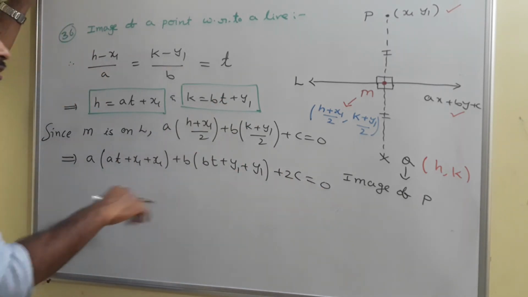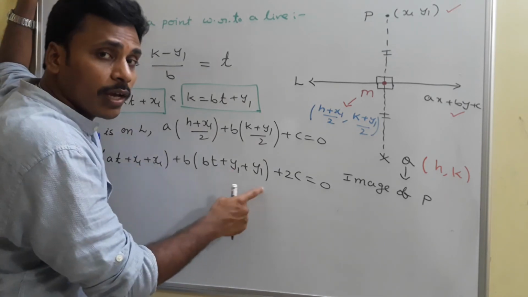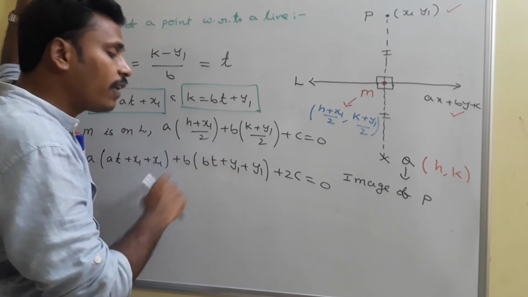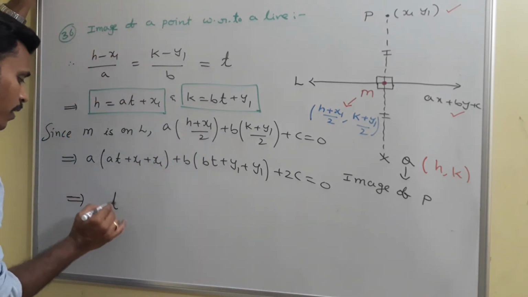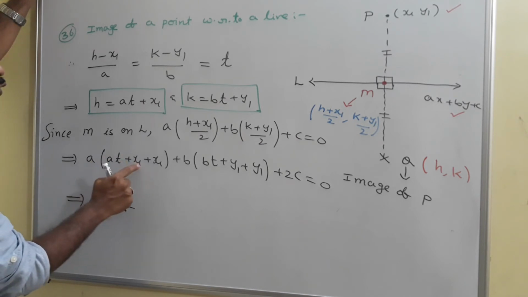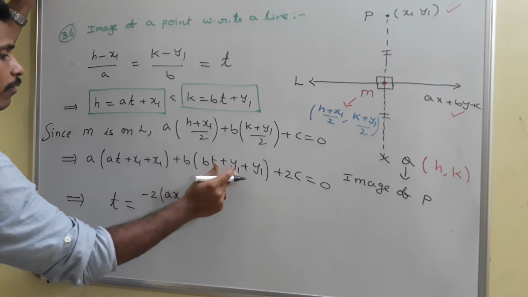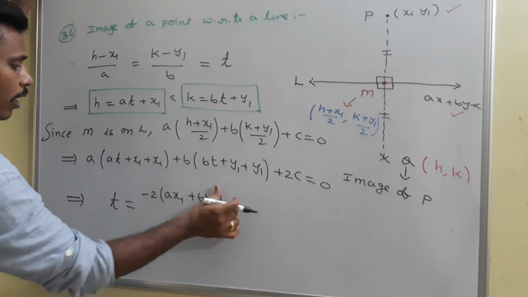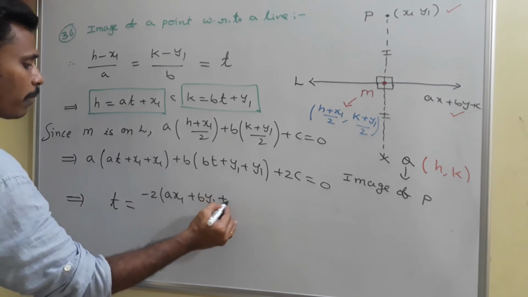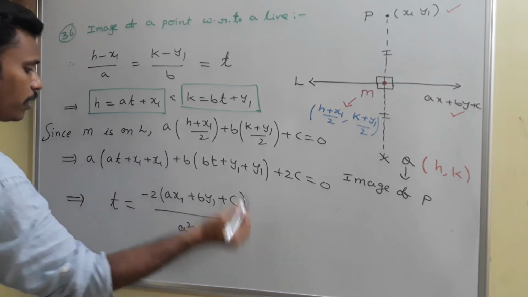This is a further simplification. So x1 plus x1 is 2x1, y1 plus y1 is 2y1, and then send everything that side and make t the subject, and t will be minus 2 times (ax1 plus by1 plus c) divided by a squared plus b squared.